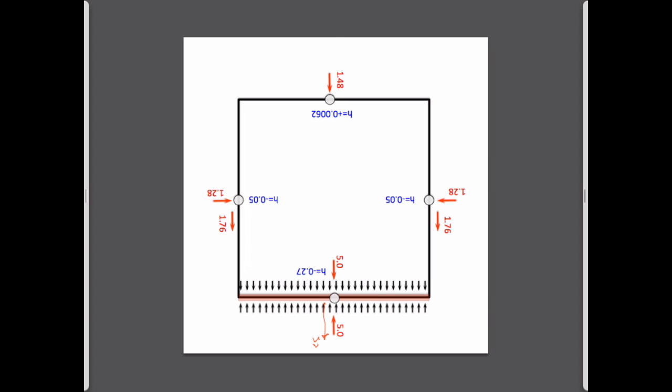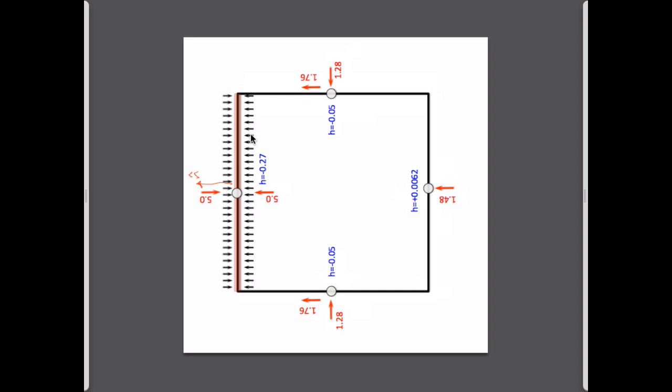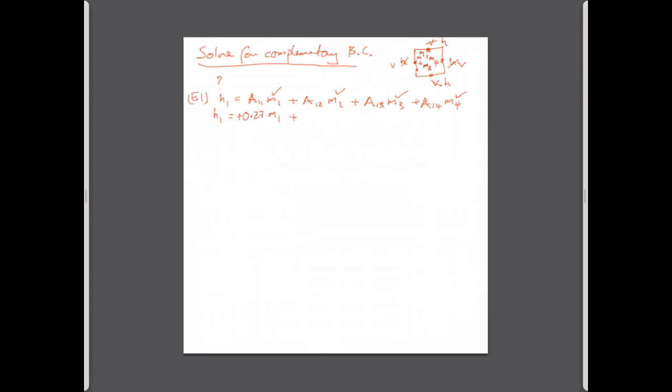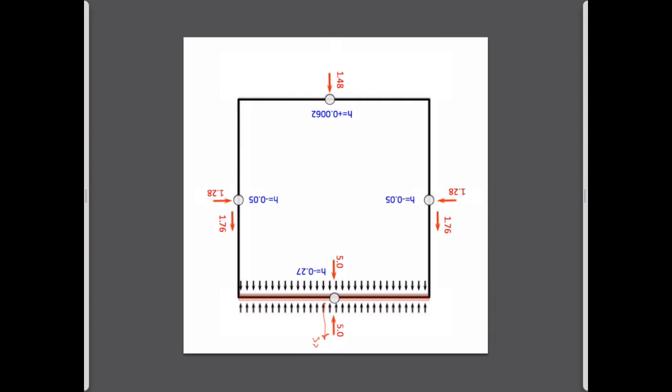Source here, influence here, 0 plus 0.05. Source at 3 and its influence on 1. That's going to be a source at 3 right down here.